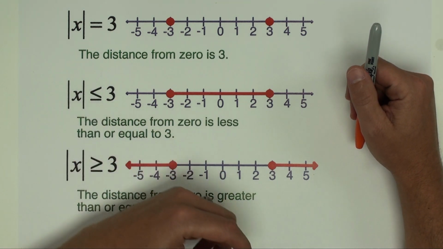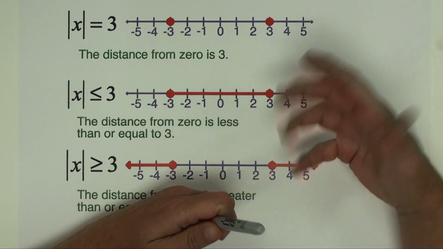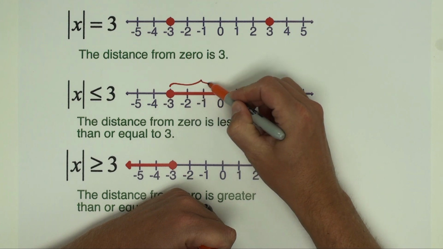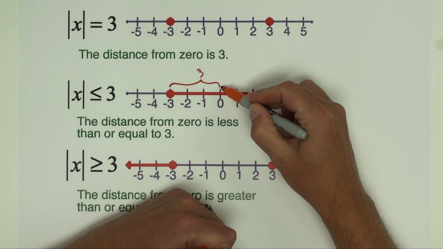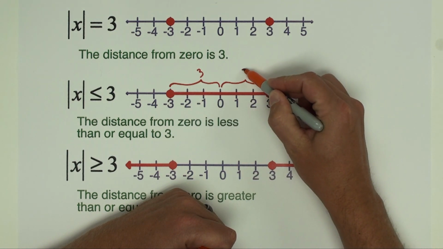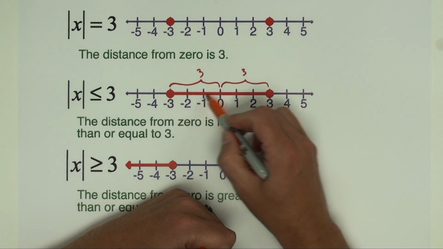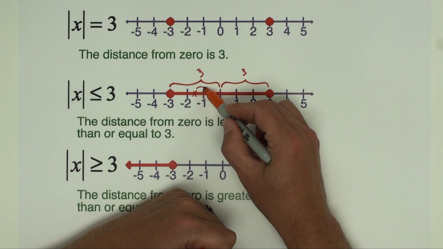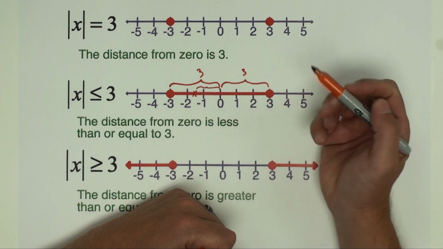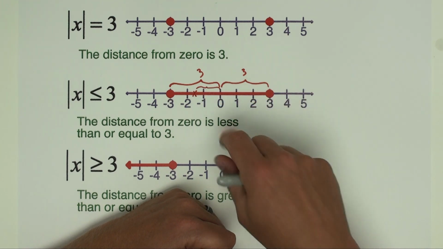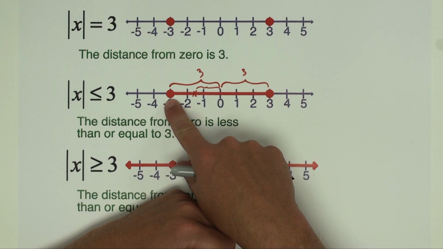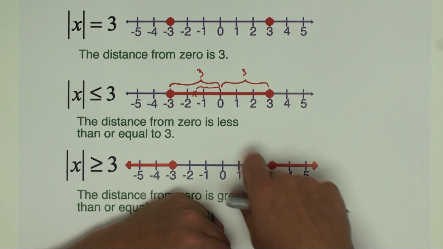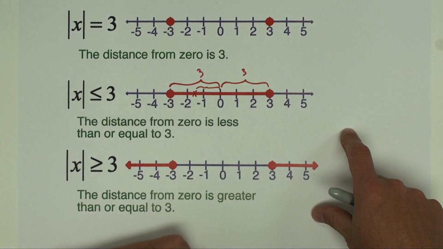So what we have then is a solution set of values that are 3 units from 0, as we see there, or less than 3 units from 0. Like if I were to pick a number right here, that number is less than 3 units from 0. So we have all numbers between -3 and +3, including those endpoints, that would satisfy this inequality.